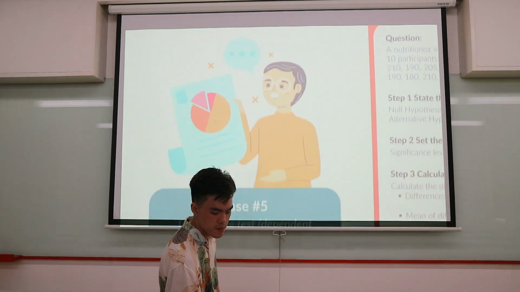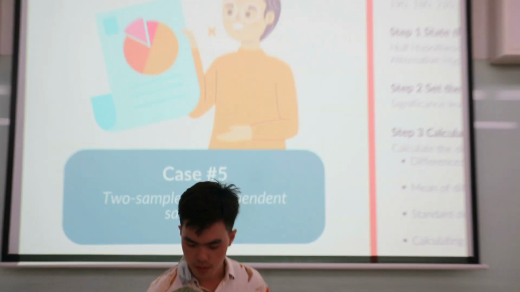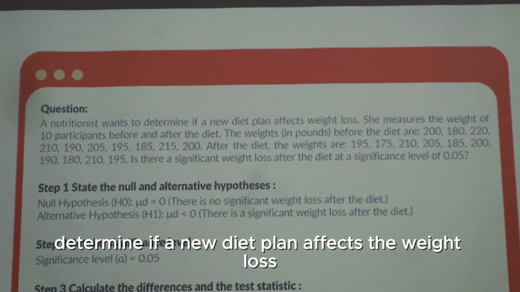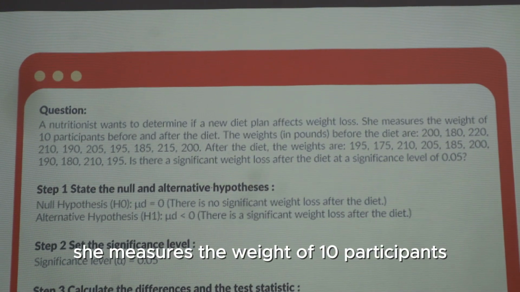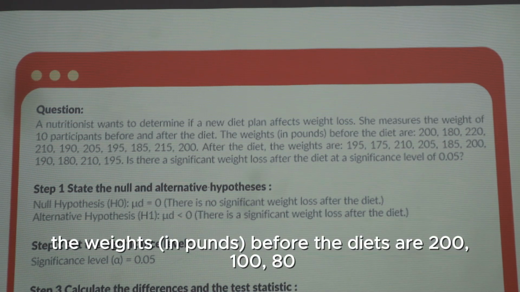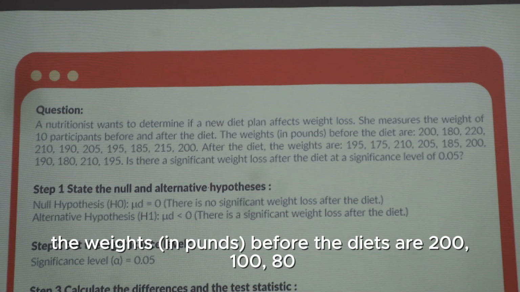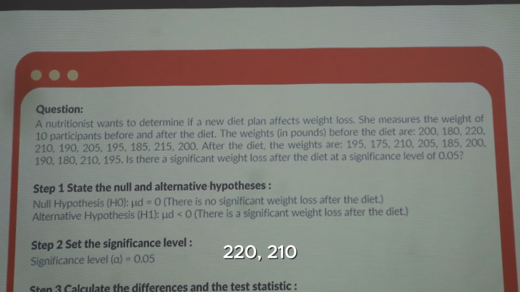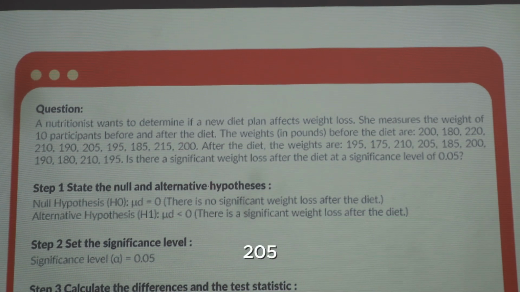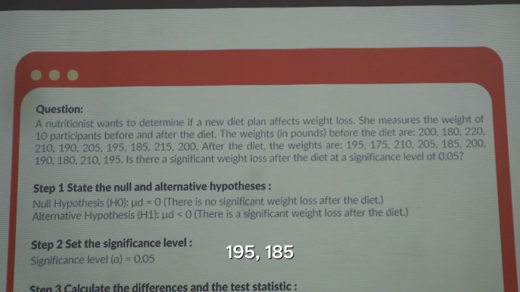Case 5. Two sample tests, dependent samples. A nutritionist wants to determine if a new diet plan affects weight loss. She measures the weight of 10 participants before and after the diet. The weights in pounds before the diet are 200, 180, 220, 210, 190, 225, 205, 195, 185, 215.